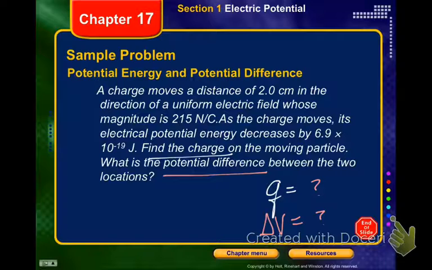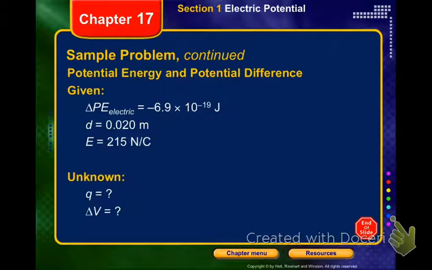This shows you the variables that were given: delta PE electric, the distance, and don't forget distance I believe was given in centimeters, so that's got to be turned over to meters, and then your electric field was given as 215 newtons per coulomb.